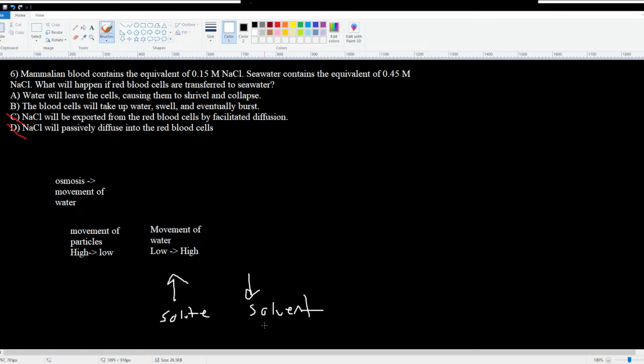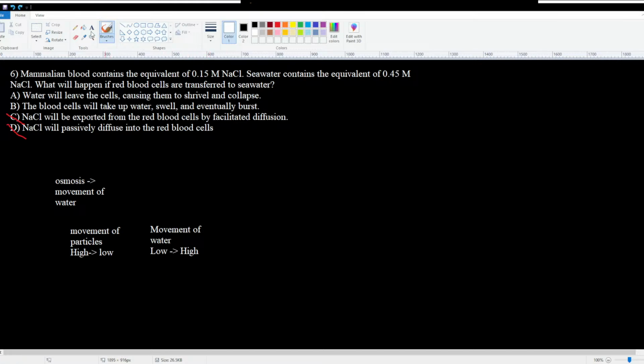Right? So if we're low in solvent, then we're going to want to move to areas of higher solvent. So that's the movement of water versus the movement of particles, which is from high to low. So movement of water is always from low to high.